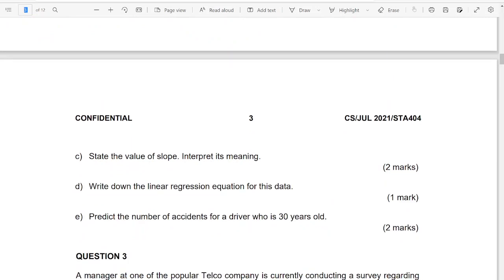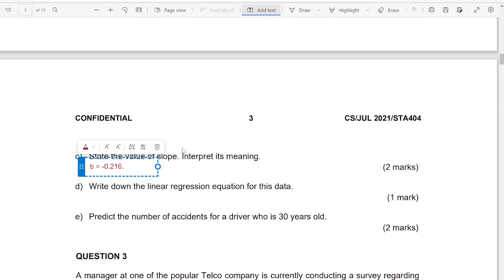Negative 0.216. So in this case, B, the slope coefficient, is equal to negative 0.216.